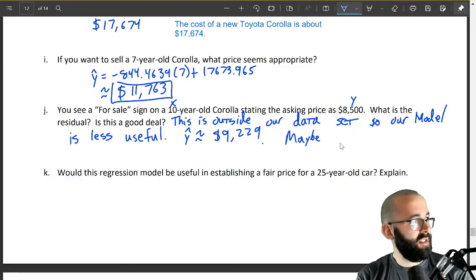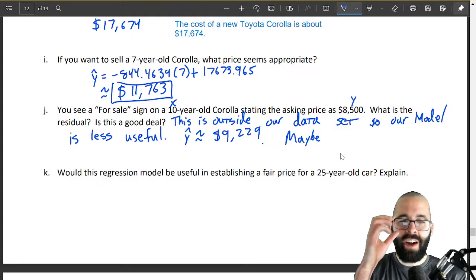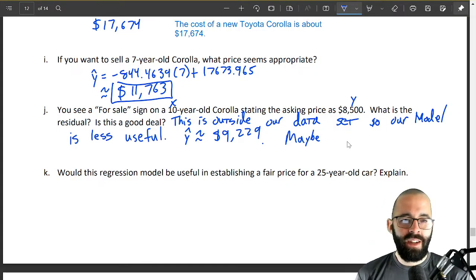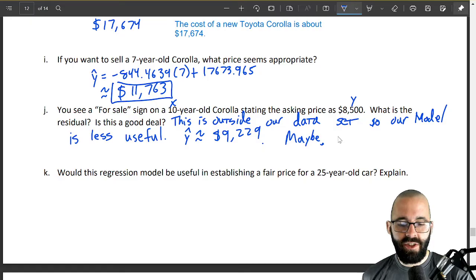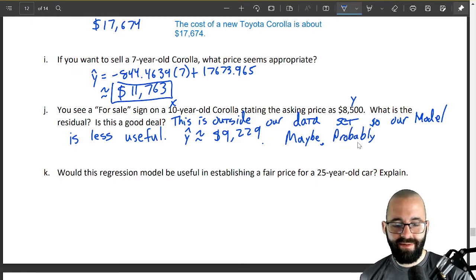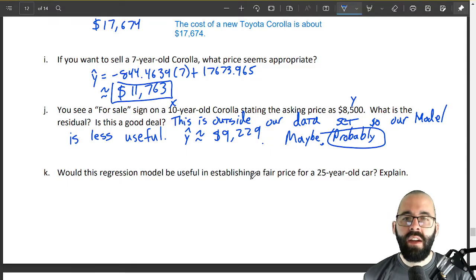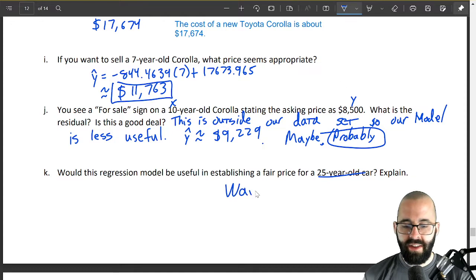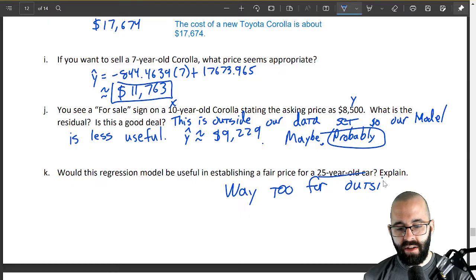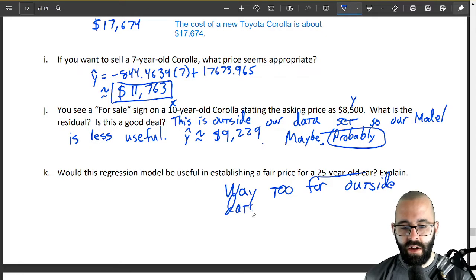I think the question is probably asking for a yes, but again, we are outside of our data set, so we're a little bit in uncharted waters. If I had to choose, say yes, probably. But for a 25-year-old car, no, this is way too far outside of our data set. So no.